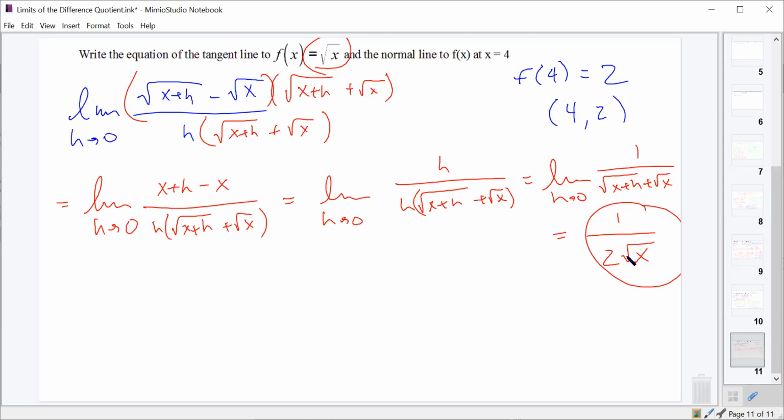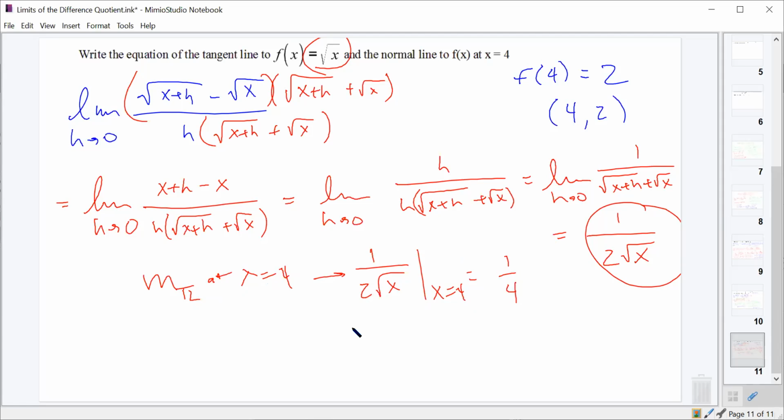If I wanted to figure out the slope of the tangent line at x equals 4, that ought to be what? Ought to be 1 over 2 root x evaluated at x equals 4, which is 1 over 4.